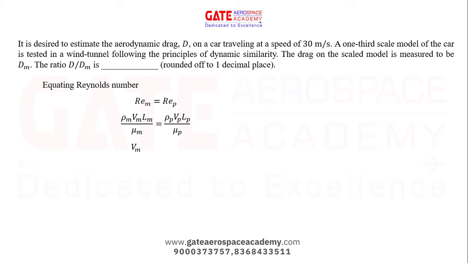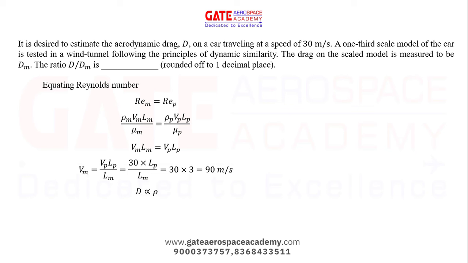So we got Vm Lm is equal to Vp Lp. So we can substitute the values. So Vm is equal to Vp Lp divided by Lm. The ratio Lp by Lm is 3. Vp is 30. So 30 into 3 is equal to 90 meters per second.